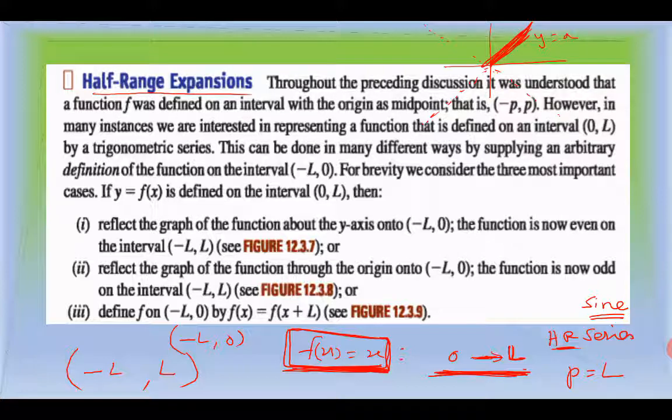We can take f of x equal to x, and extend it in the other interval as an odd function or an even function. If I write f of x given is x in the interval 0 to L, and minus x in the interval minus L to 0, this becomes modulus x and it's an even function.